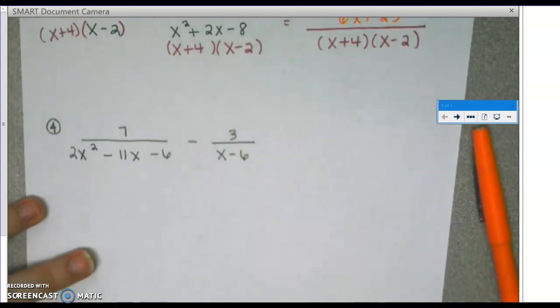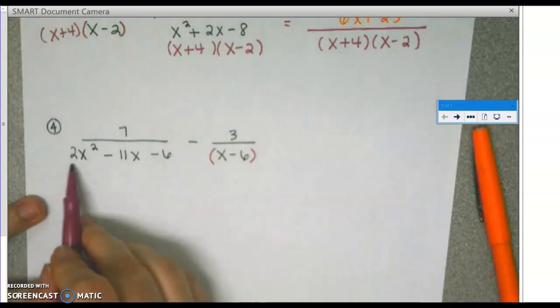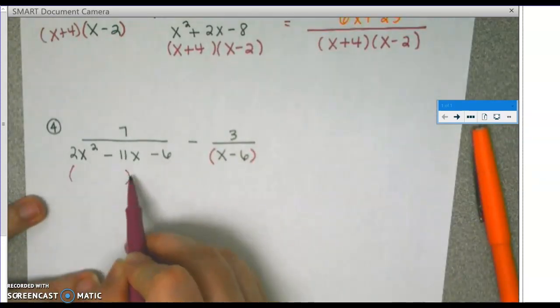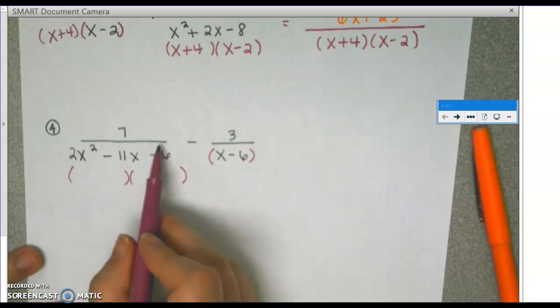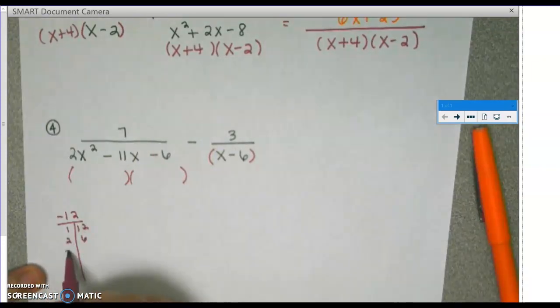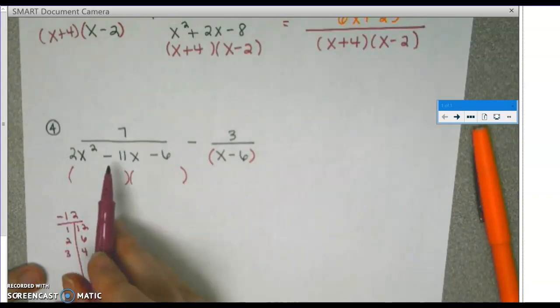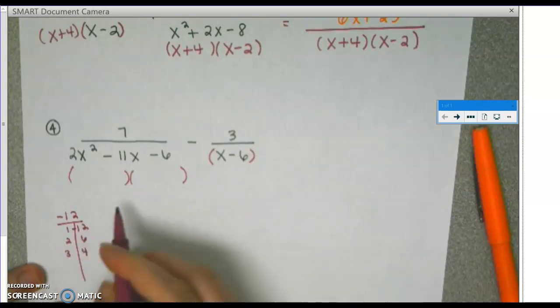All right, same thing with example number 4. This is already linear, but this is quadratic. So I'm going to try to factor that. So 2 times negative 6 is negative 12. If it's negative, my signs are different, and I'm looking for a pair that combines to negative 11. So that would be 1 and negative 12.